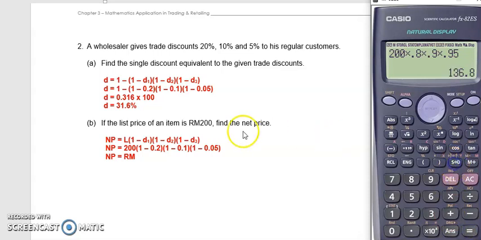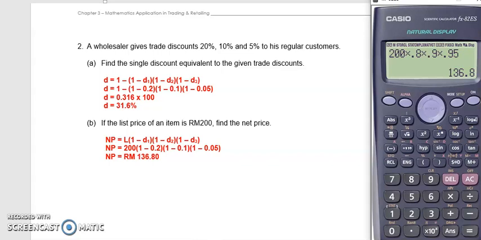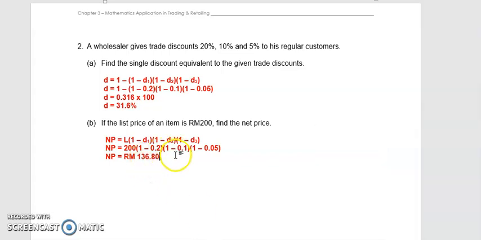So equal to 136.8. Okay, 136.8. Okay, this is using the previous formula. You calculate based on the successive amounts of net price.